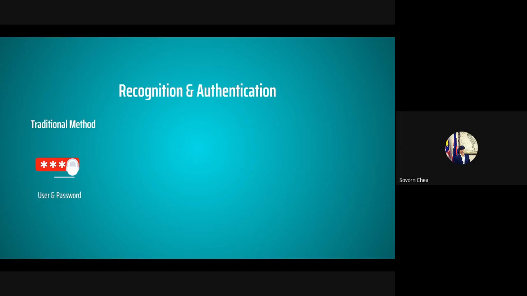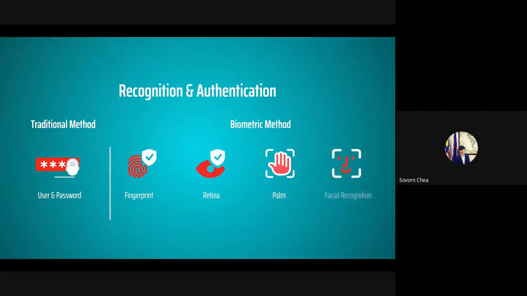Yet in the last 5 years, a few new methods have been introduced. We call them biometrics methods. So what is biometrics, or the science of recognition? This is the science that studies the ability to distinguish individuals based on their measurable biological or behavioral characteristics. Here we have fingerprints, iris, palm, or even our face.